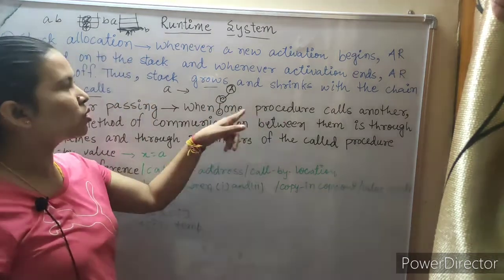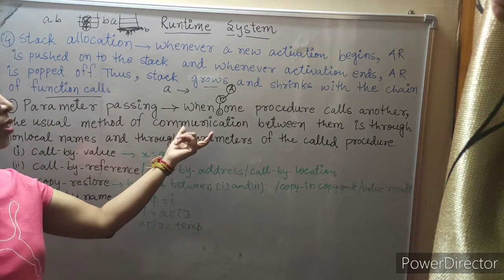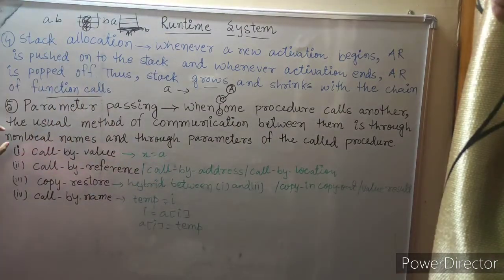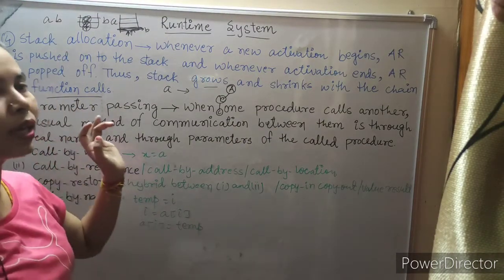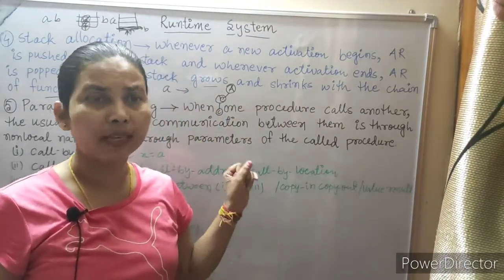So when one procedure calls another, the usual method of communication between them is through non-local names. We have seen non-local names already in the activation records diagram.